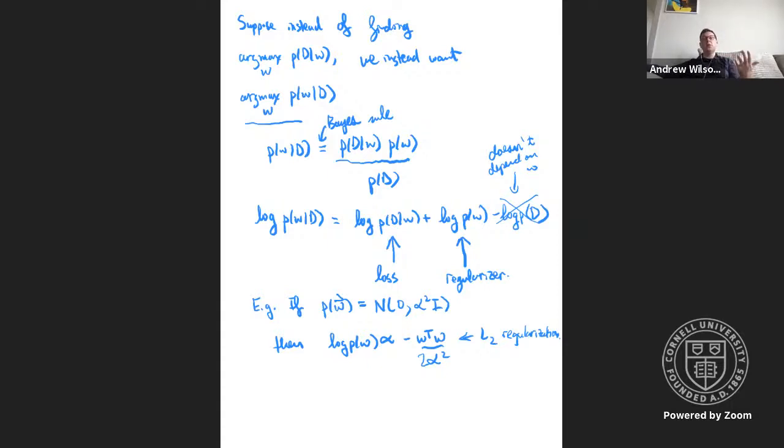And I'll argue, especially when we follow a fully Bayesian approach, that this will be very meaningfully different from having no prior at all. This is actually a confusion that a lot of people have. Right now there isn't a way to resolve the confusion until I talk about fully Bayesian methods. But it stems from this connection between what's called maximum a posteriori estimation, which is what I'm describing on this page here, and regularized optimization.